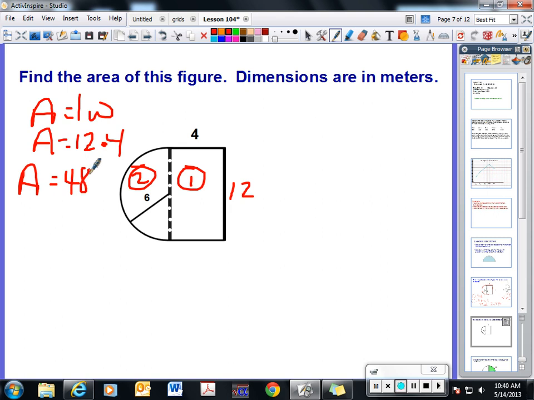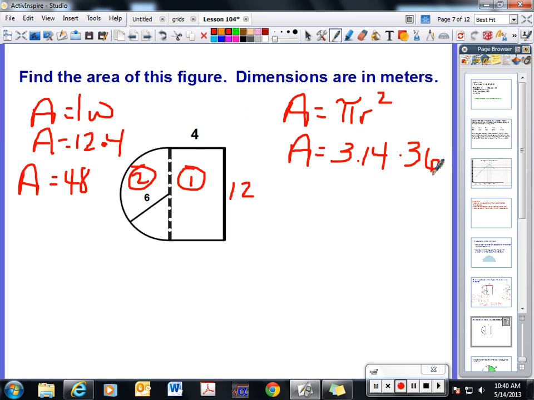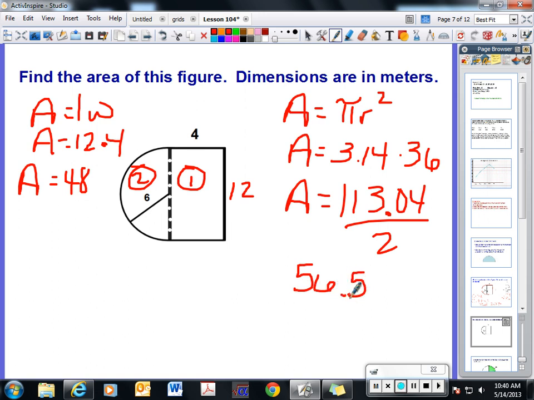Then to find the area of the semicircle, let's find the area of the circle itself first. So we have pi r squared. That's 3.14 times 6 squared, which is 36. That gives us 113.04. That would be for the whole circle. If I cut that in half, then that gets us 56.52.